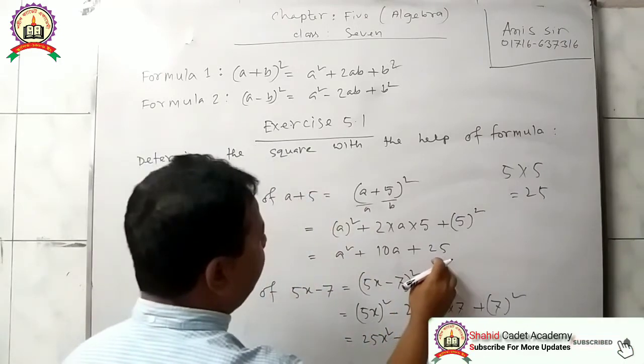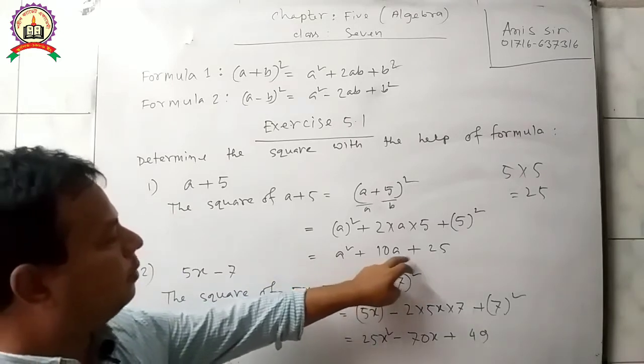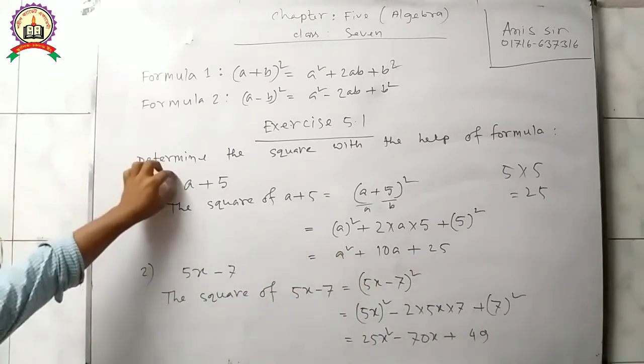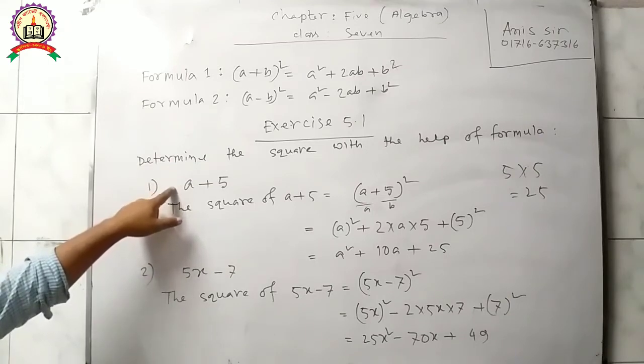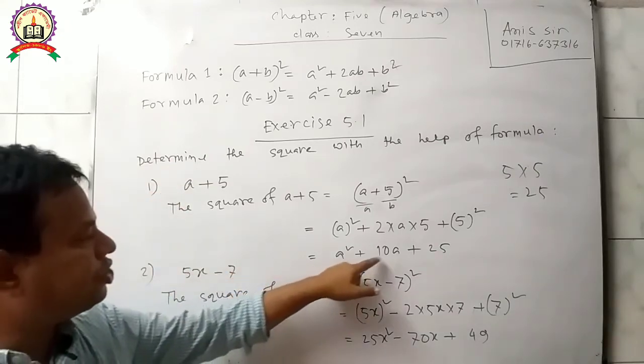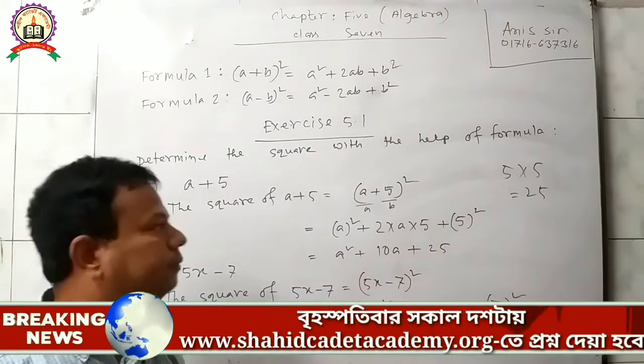So we get a square plus 10a plus 25, and this is the answer.